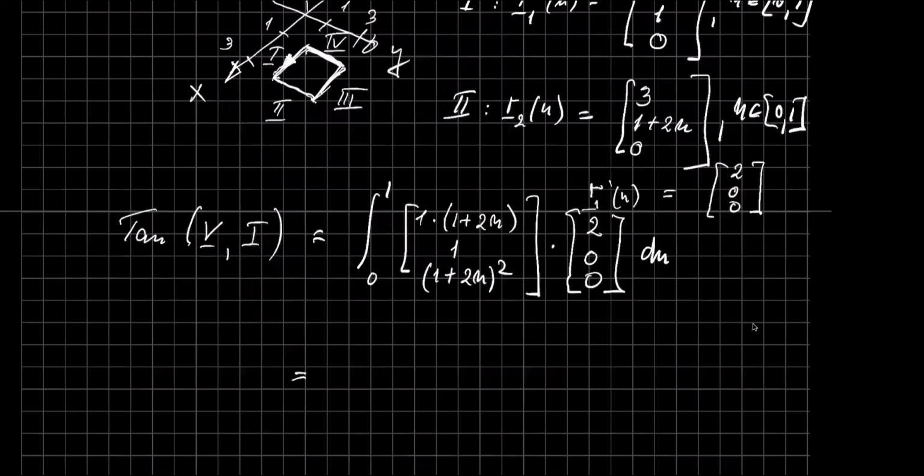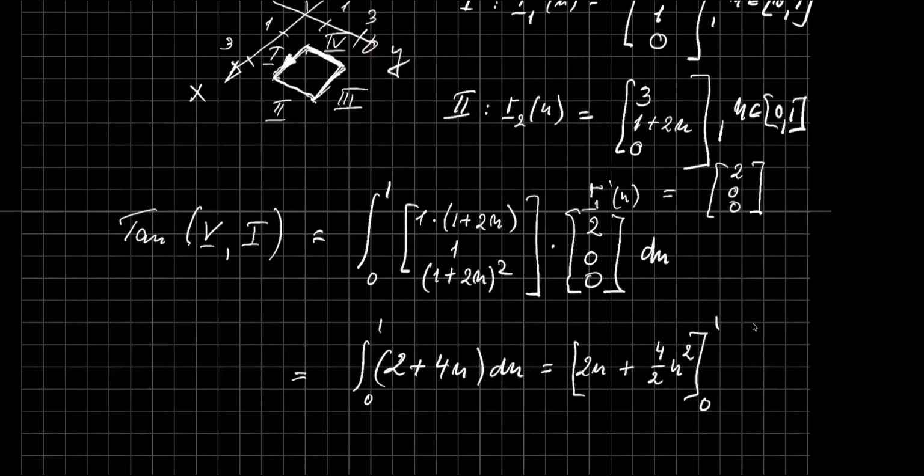When you do this dot product, you end up with an integral from 0 to 1 of, you simply only get the first coordinate here, so you get 2 plus 4u du, and this will be easy to integrate. You get 2u plus 4 divided by 2 times u squared, and this should be taken between these limits.